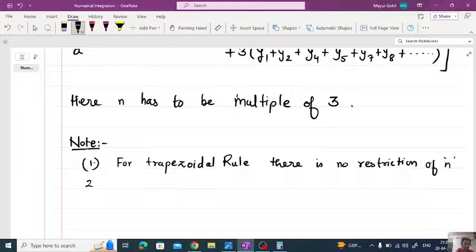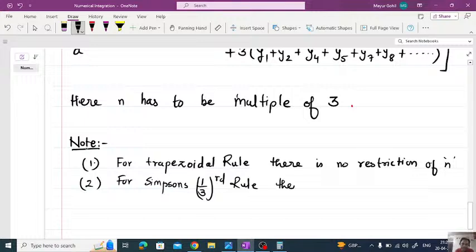Second, for Simpson's 1/3 rule, n has to be even.